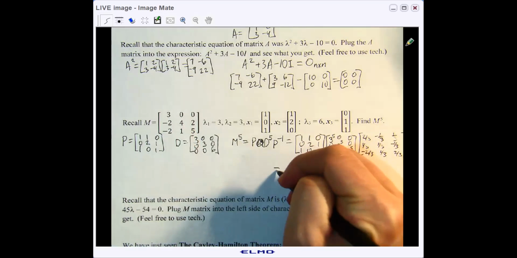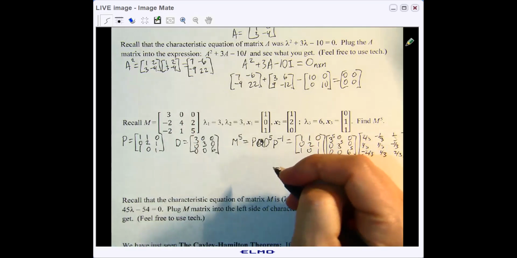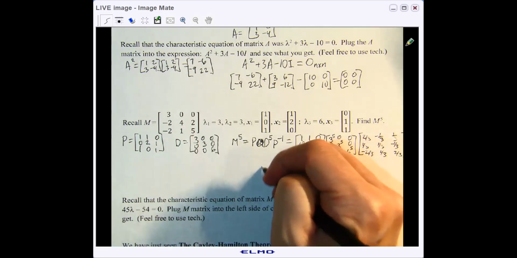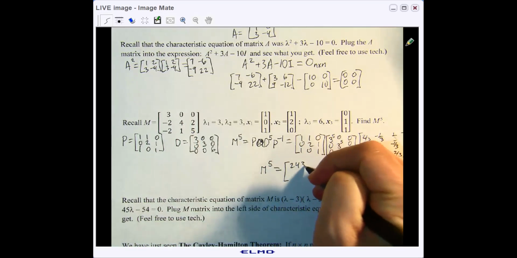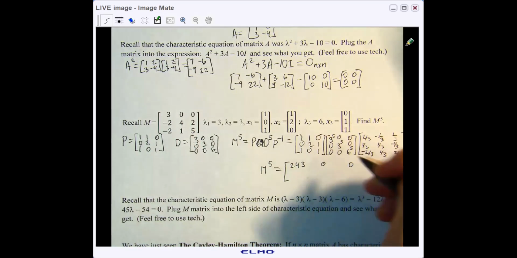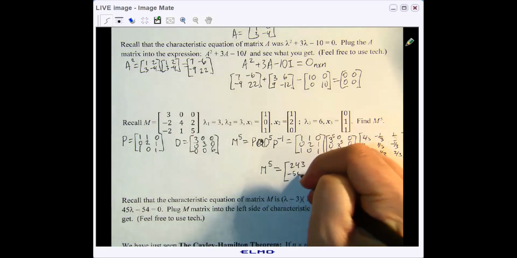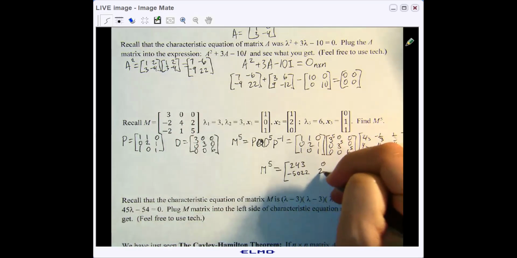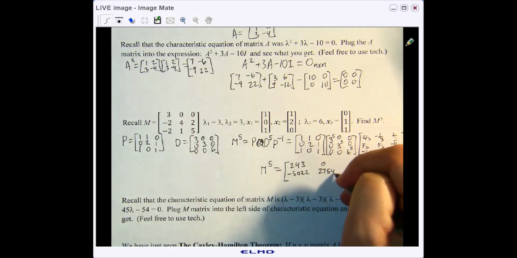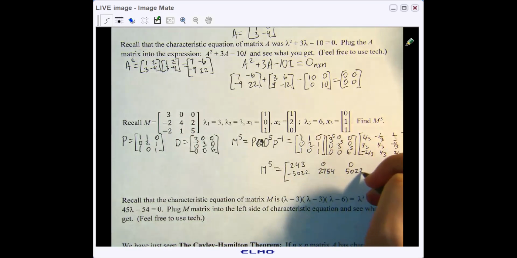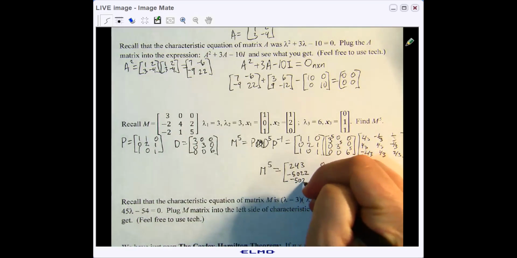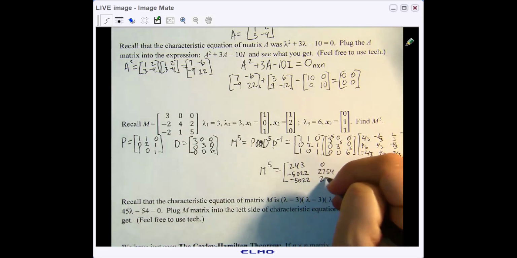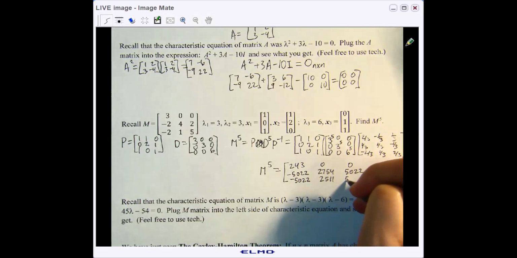And if we do the work on this guy, we will find out that M to the 5th power turns out to be 243, 0, 0, negative 5022, 2754, 5022 again, negative 5022, 2511, and 5265.